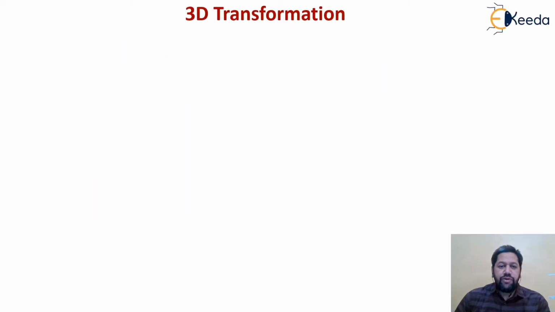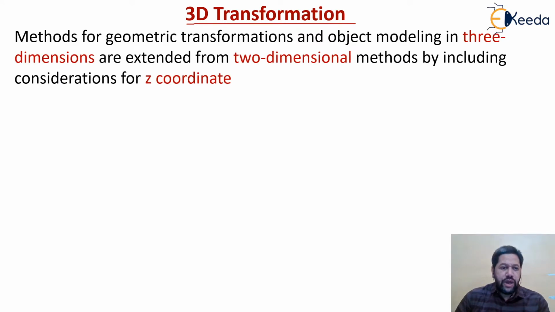Basically, first we are trying to learn what is meant by 3D transformation. We have already covered 2D transformation in detail in the previous session or previous unit. Let us understand how I can move from 2D transformation to 3D transformation. The methods for geometric transformation and object modeling in 3 dimensions are extended from 2 dimensions.